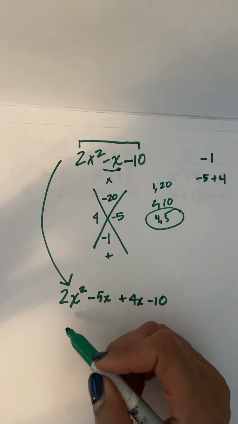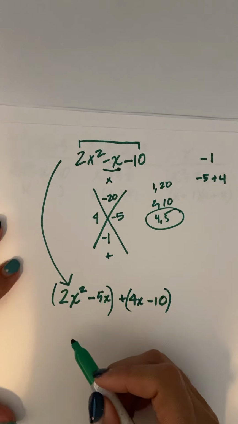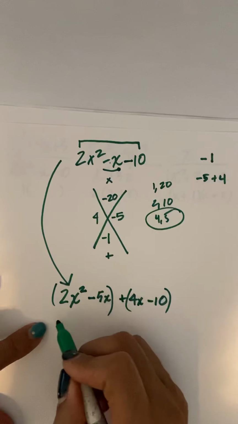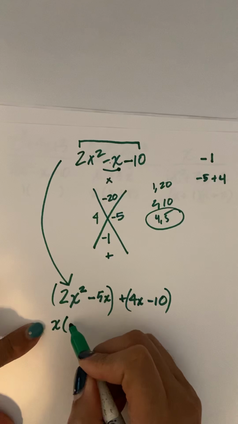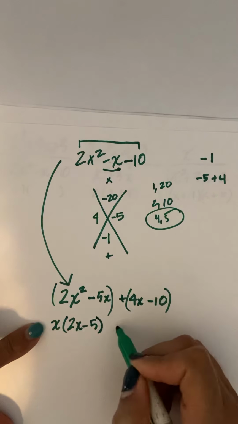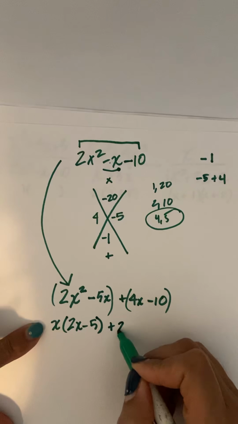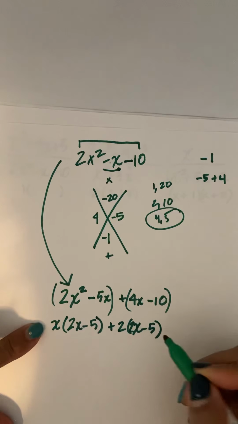So this is the factor by grouping method. I'm going to add parentheses, and here my GCF is x. That leaves me with 2x minus 5, sorry. And here my GCF is 2. That leaves me with 2x minus 5.